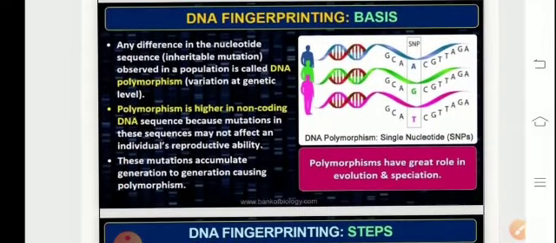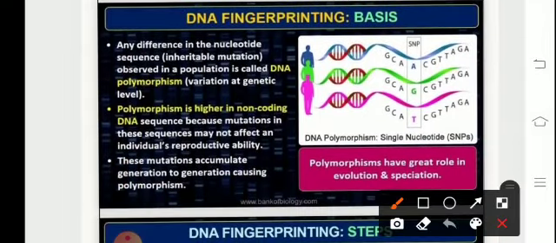Any difference in the nucleotide sequence, which could be because of mutation, may lead to variation, and that is what is referred to as DNA polymorphism. Polymorphism, that means variation, is higher in the non-coding part, which is the repetitive region.